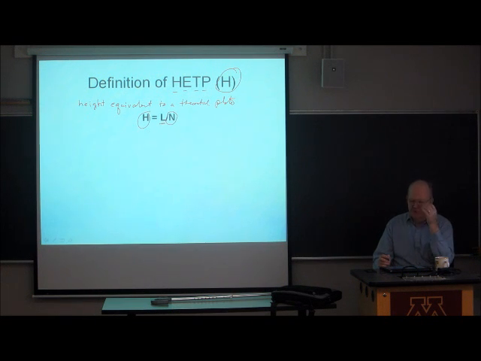And the way we measure the HETP is we measure the length of the column, and we measure, by whatever means we can, the width of the peak. We convert the width of the peak into the number of theoretical plates, and then we compute the HETP. Yes? Is that ineffective or just right?